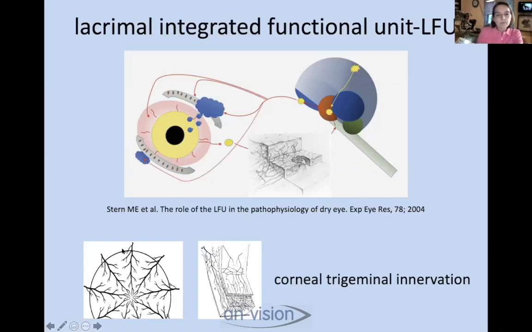And remember that you have these centripetal trigeminal nerves moving into the cornea, and looking at this graph here, down here on the left, you can see that centrally, just by anatomical reason, you have the highest concentration of trigeminal nerve endings in the epithelium of the center of the cornea.